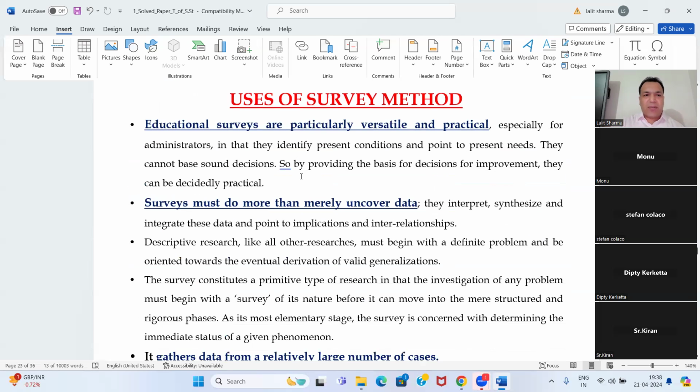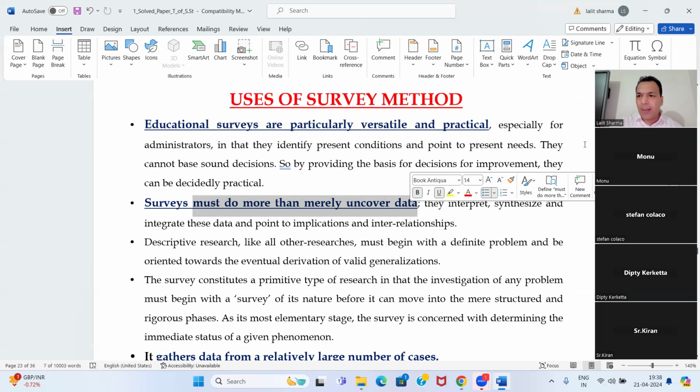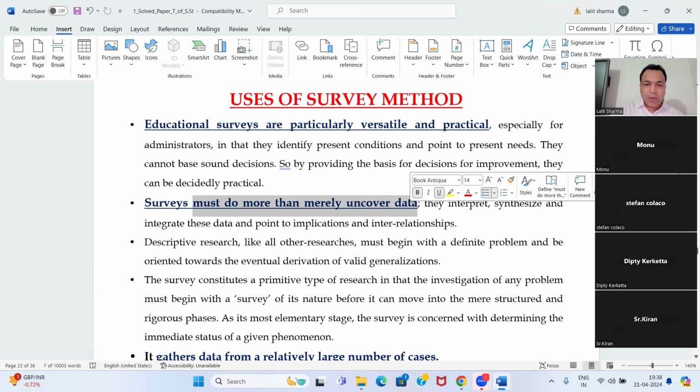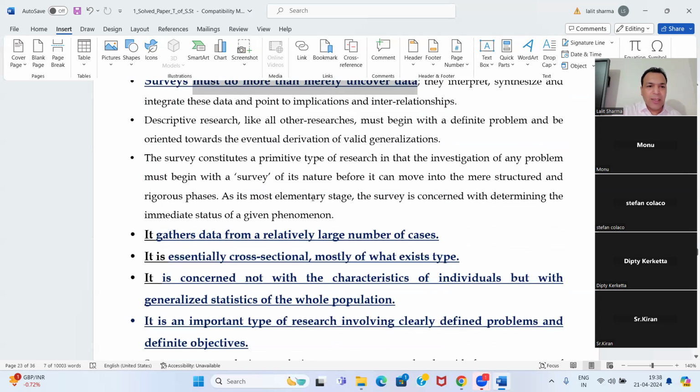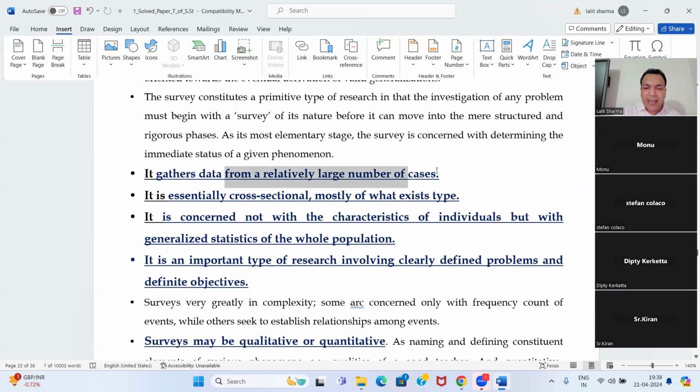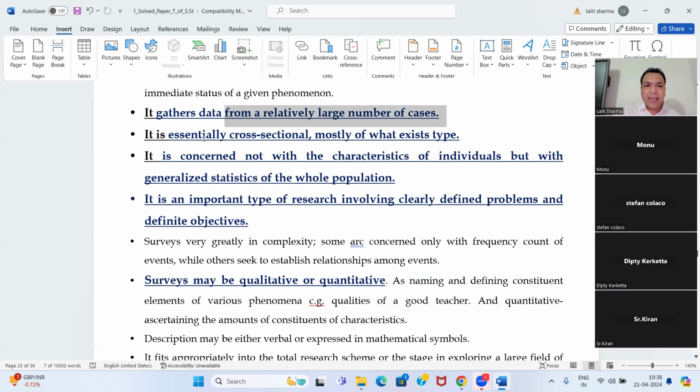Now what are the uses of the survey method? Educational surveys are particularly versatile and practical. Surveys must do more than merely uncover data. So you get a lot of things from the survey methods. Okay, it gathers data from a relatively large number of cases. It is essentially cross-sectional, mostly of the what-exists type.